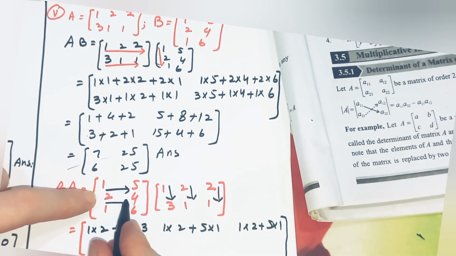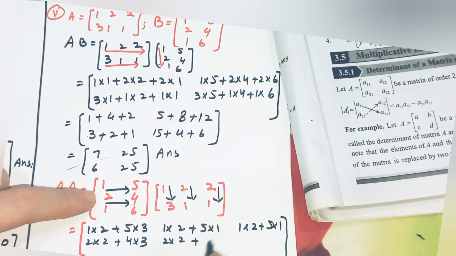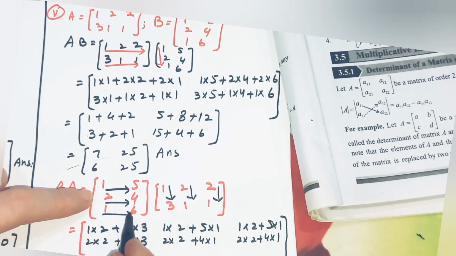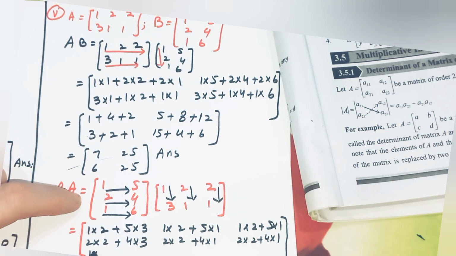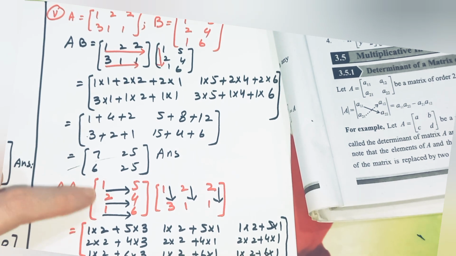Now second row, the 3 columns: 2 multiply by 2, 4 multiply by 3, 2 multiply by 2 and 4 multiply by 1, 2 multiply by 2 and 4 multiply 1. Now the third row in 3 columns: 1 multiply by 2, 6 multiply 3, 1 multiply 2, 6 multiply 1, 1 multiply by 2 and 6 multiply 1.